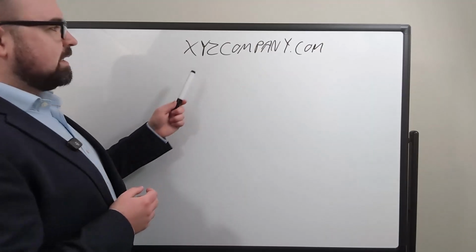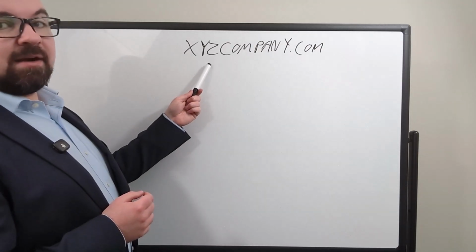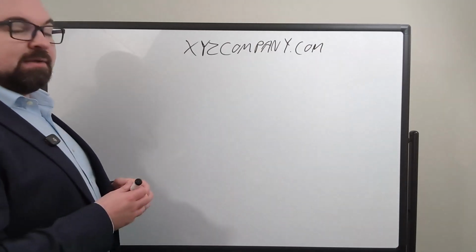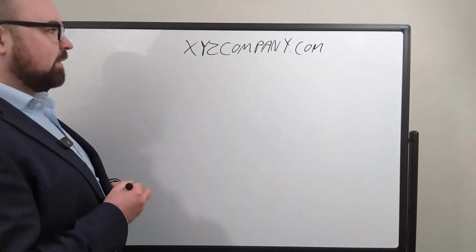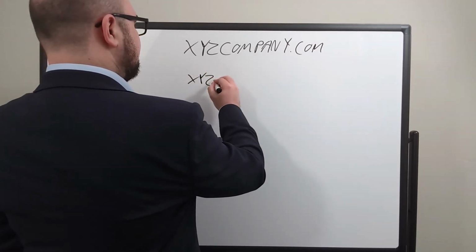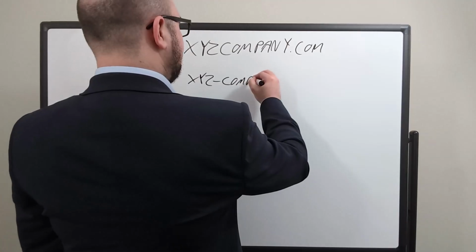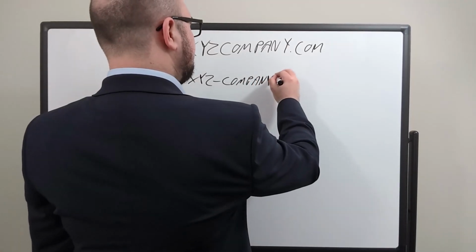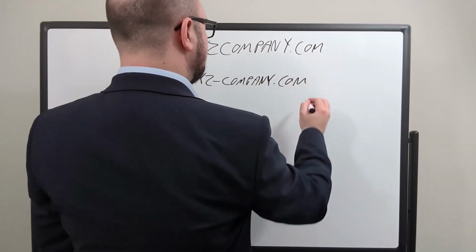So what you need to do is get some different domains that are very similar to this, but would be somewhat relevant as well. So let's just say that the first one is xyz-company. And by the way, you should always try and get .coms as well because there's a lot more trust with .coms.